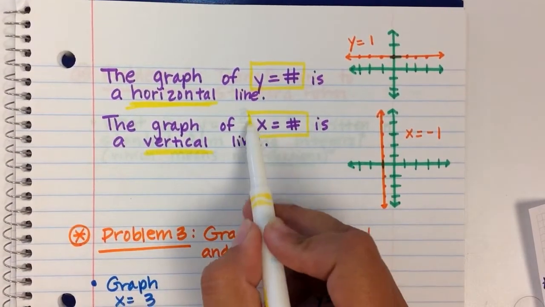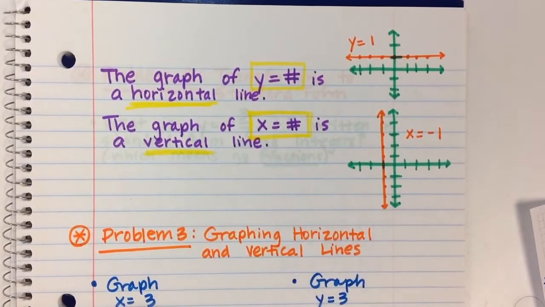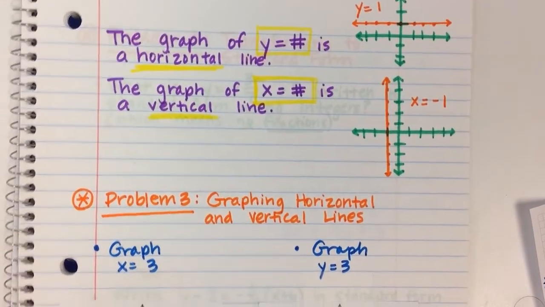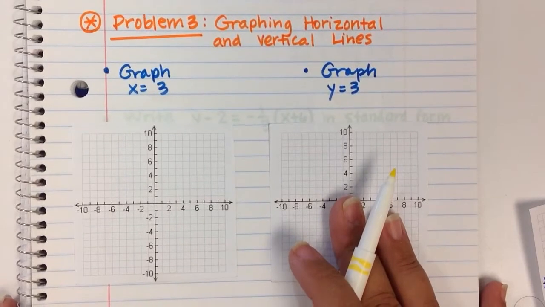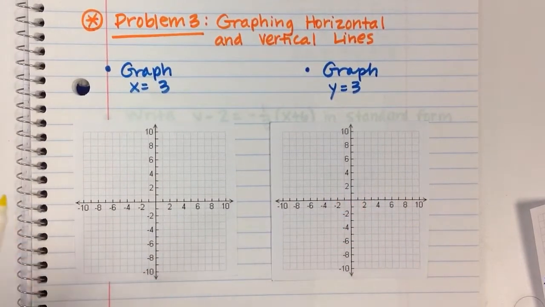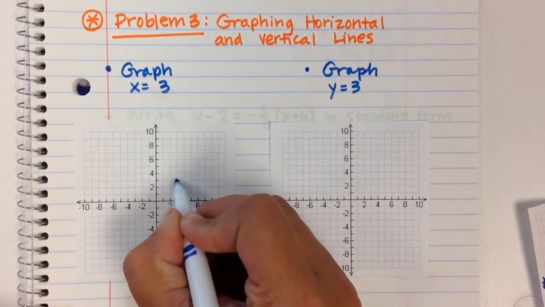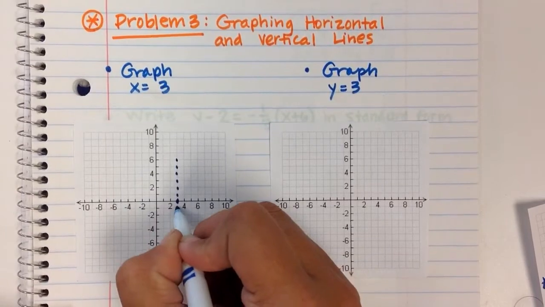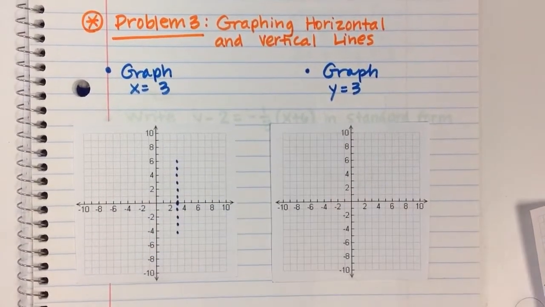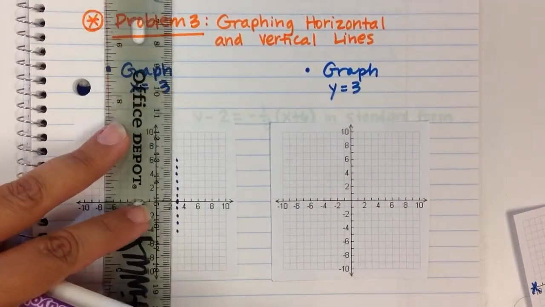So anytime you have x is equal to a number, you get a vertical line. So if I graph x is equal to 3, I go to the x-axis, look at 3, and put points where x is 3. I'm going to get a vertical line, right?